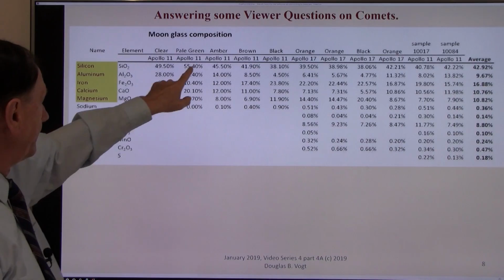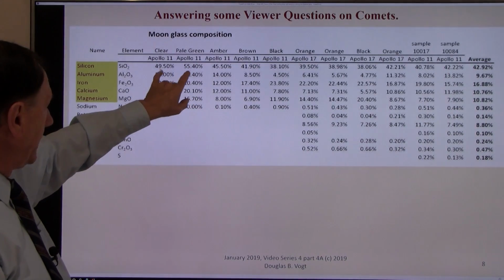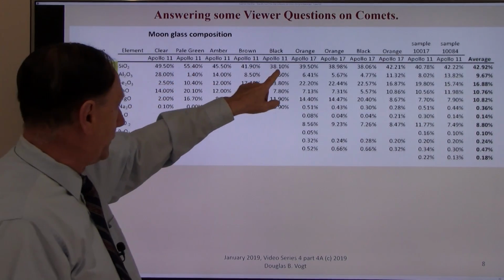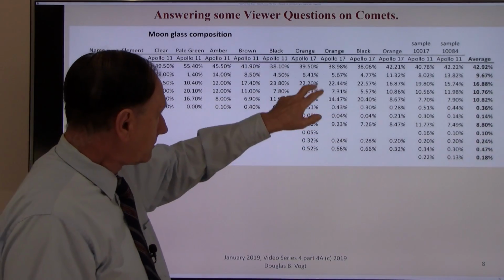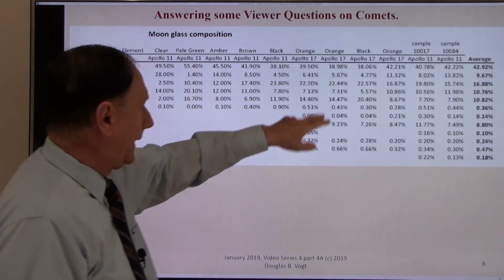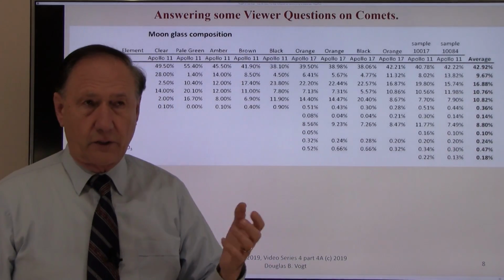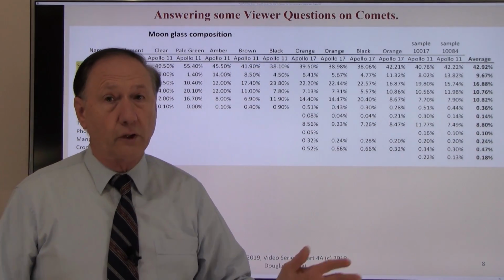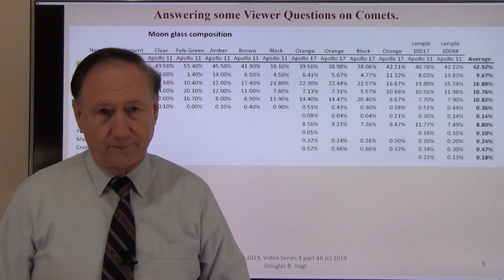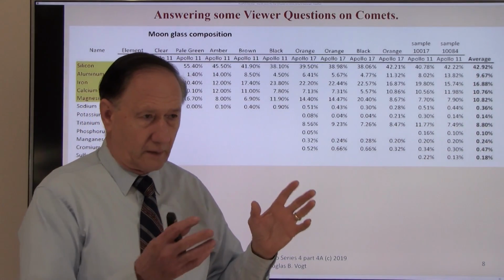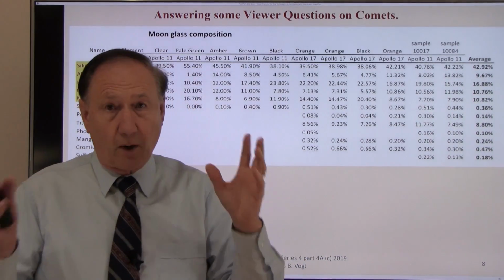Anyway, you can see there's a big difference, 49%, 55%, depends on the sample where they got, down to 38%. It depends on where they went. Now, there's a reason why. You can never assume that a dust shell coming from the sun is going to be totally homogeneous. It isn't. It has different chemical compositions for each part of it.